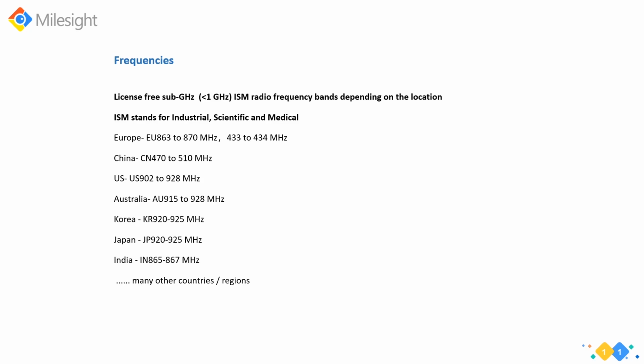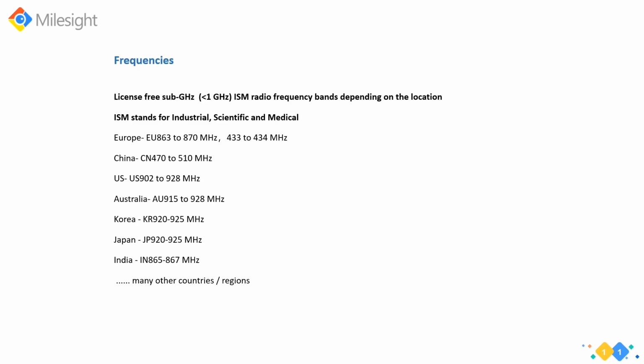So if you visit China or Japan, you don't need to modify any settings in your mobile, but can directly use the data transmission, send a picture, or send an email by Wi-Fi, right? But LoRa is different.